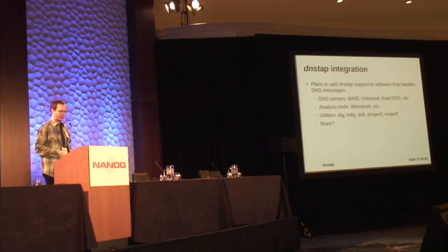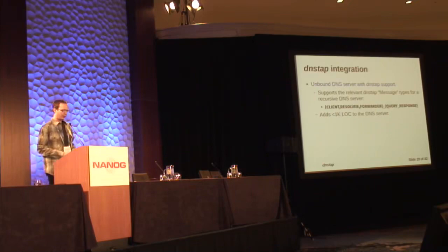Benchmarking tools like DNSperf and ResPerf. It might be interesting to add support for this interchange format to all of these different tools. Obviously, it could potentially enable more applications by having this interchange format available.